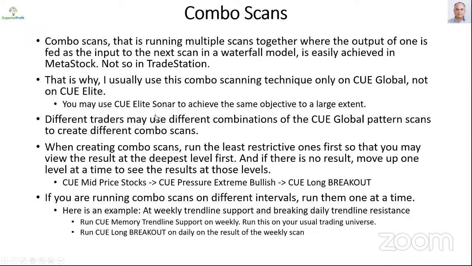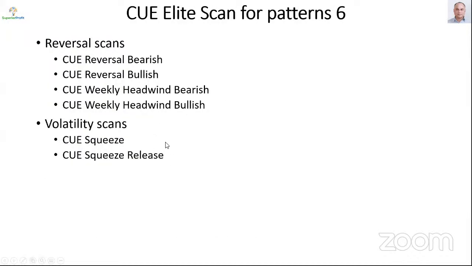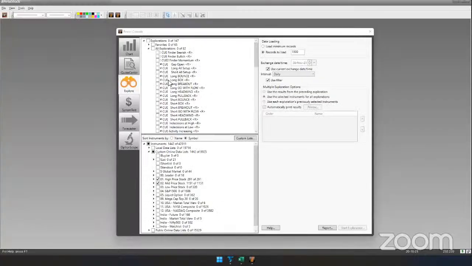Next is combo scan. But before going to combo scan, I wanted to mention one thing. In Q Global, there is no separate scan for weekly interval. Why? Because if we look at Q Global scans, you choose the interval from a separate drop down.